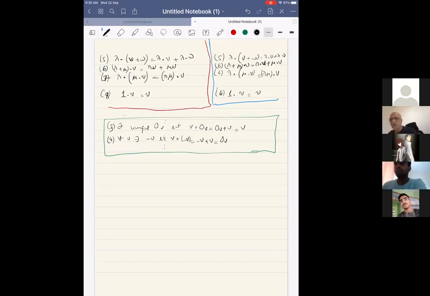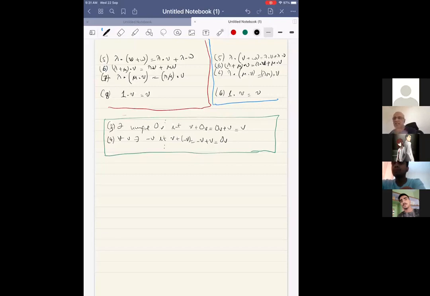For example, it follows that if I take the 0 real number and multiply any vector v by it, I get the 0 vector. It also follows that if I take the number -1 and multiply any vector v by it, I get minus v.